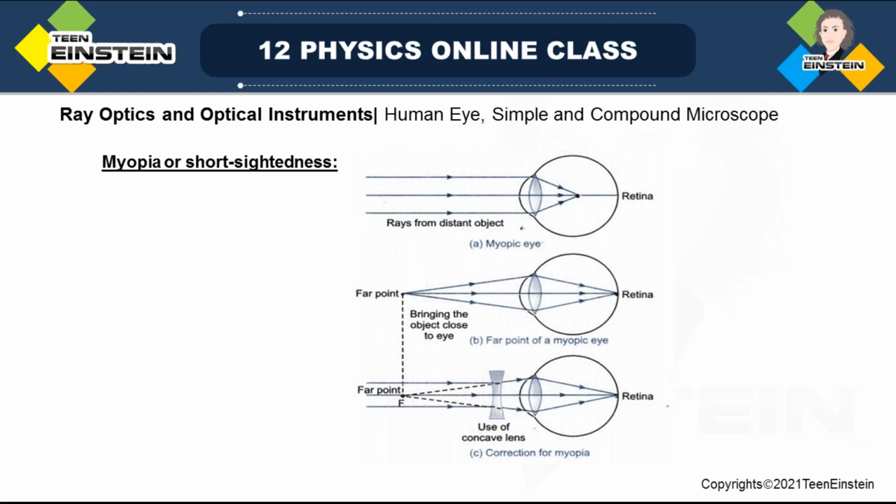It is a vision defect in which a person can see nearby objects clearly, but cannot see distant objects clearly beyond a certain point. And that kind of defect is very common in children.